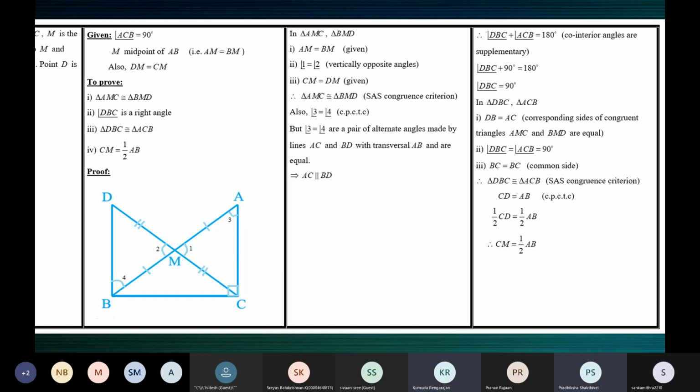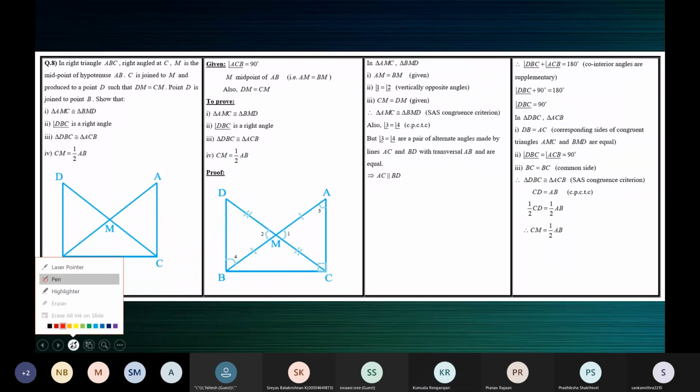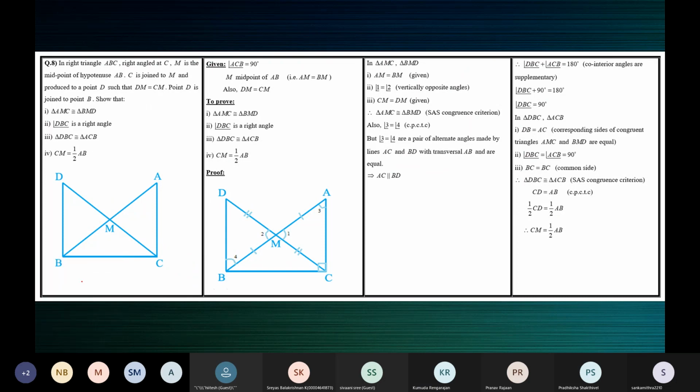Ma'am, can you explain the fourth one? CM is equal to half AB, right? Okay. Now, these two triangles are congruent, right? Yes, ma'am. See here.